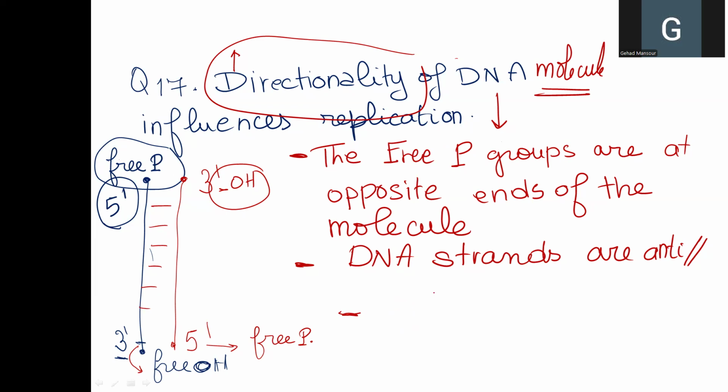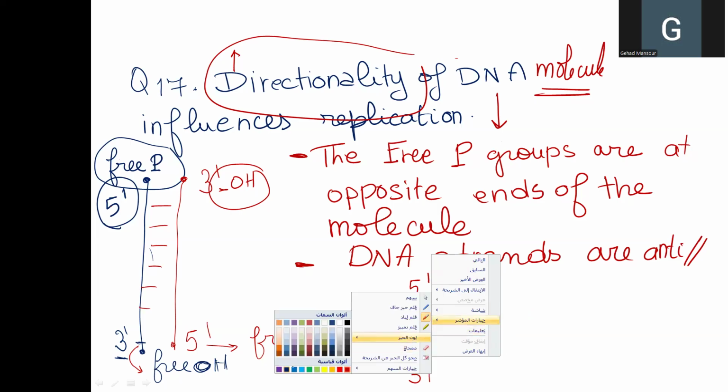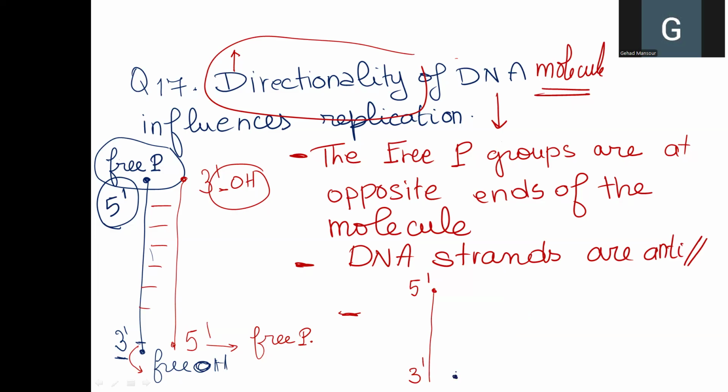So if you have, for example, this is the strand that the DNA polymerase will use as a template in order to build the new strand of DNA, then the new strand of DNA will be built in the direction 5 prime to 3 prime, meaning that the enzyme will build the new strand in this direction, because you know that if this is 3 prime, 5 prime should be here.